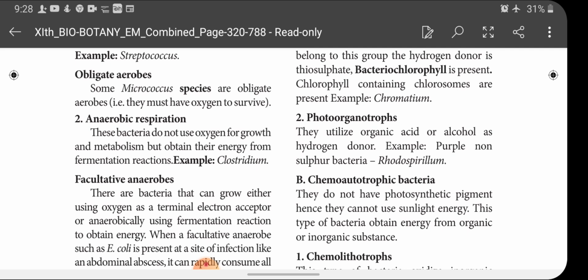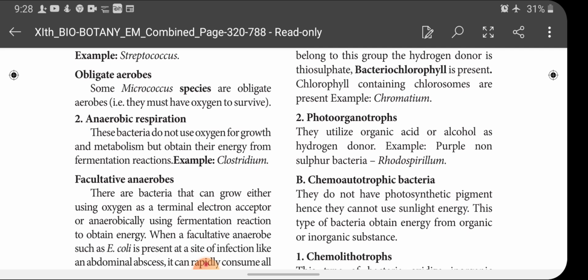Next one is anaerobic respiration. Bacteria do not use oxygen for growth and metabolism, but obtain their energy from fermentation reactions. This is called anaerobic respiration. An example is Clostridium. Facultative anaerobes are bacteria that can grow either using oxygen as a terminal electron acceptor or anaerobically using fermentation reactions to obtain energy.